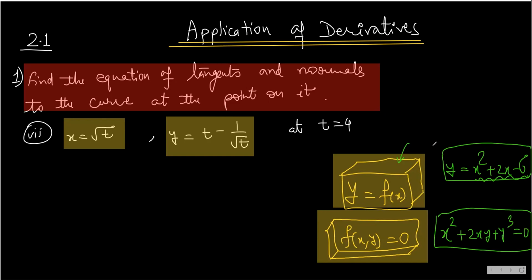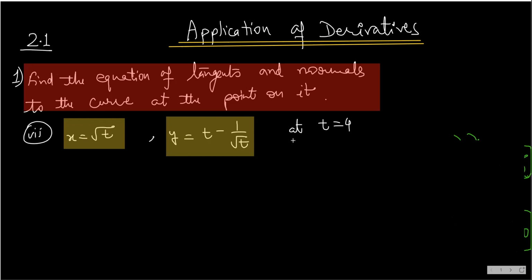So this is explicit, this is implicit. Here you have x and y both together. But in this question we have neither implicit nor explicit. We are given the function with the help of a parameter t, so we will call this a parametric function.